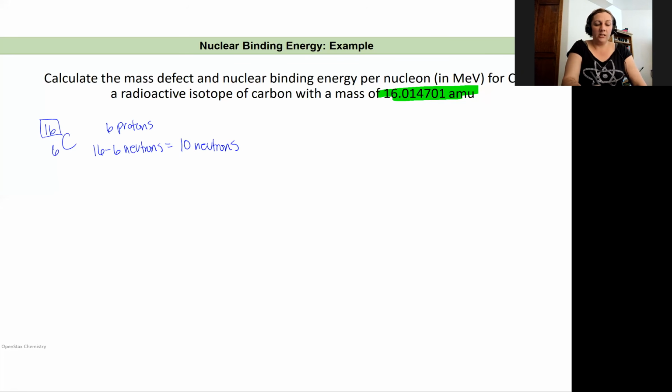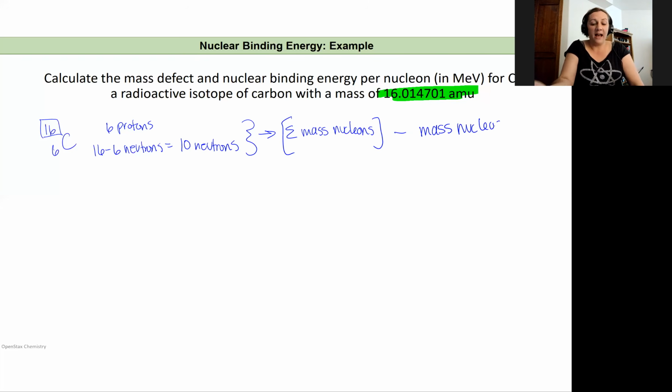And so I can use this information to calculate the sum of the mass of the particles, or the nucleons. And then if I subtract from that the mass of the nucleus, I'll have the mass defect.